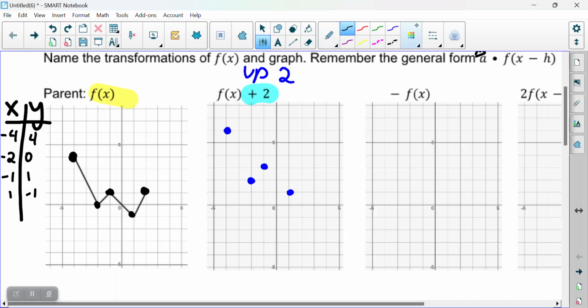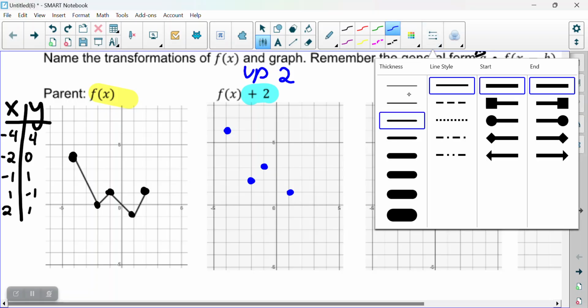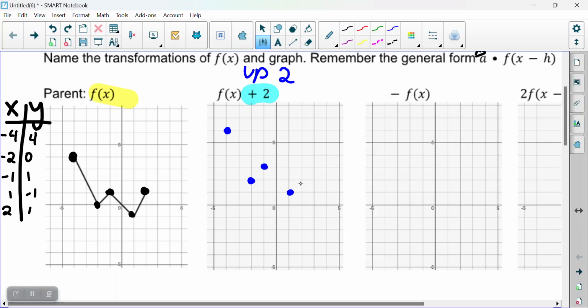And then the last point. 2, 1. 2, 3. 2 plus 2. This y value goes up by 2. Now it's at 3. Connect the dots. And it's kind of like this original graph got shifted up. So what I did was I took all of these y values and I added 2 to them. That's the up transformation. Up and down changes the y's.